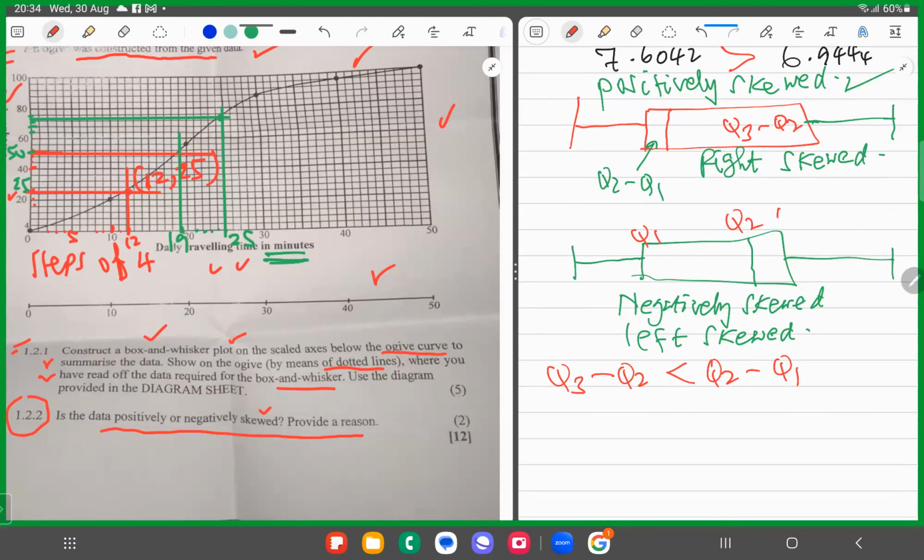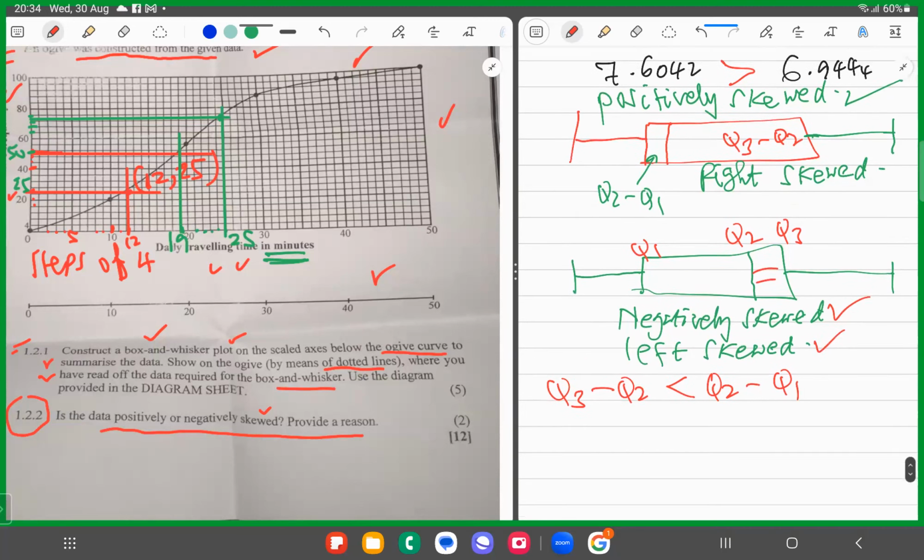Q1, Q2, Q3. So you can see that Q3 minus Q2 is smaller. Okay, so this gap is very small. And therefore, it is said to be negatively skewed. If you don't want to use the word negatively skewed, you use the word it is left skewed. What about if it is not skewed at all?